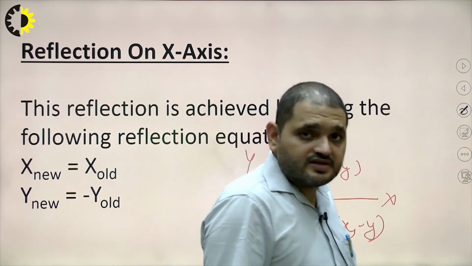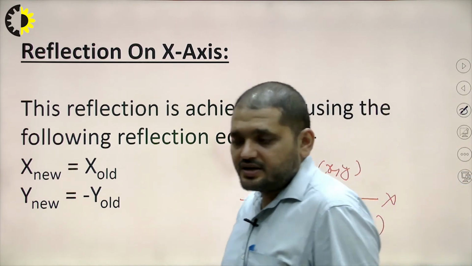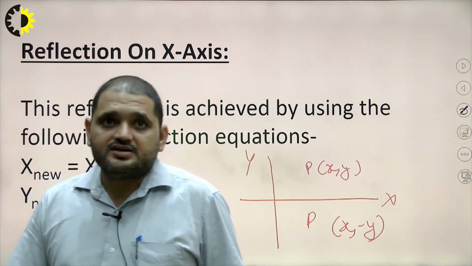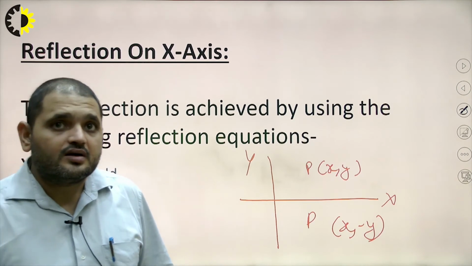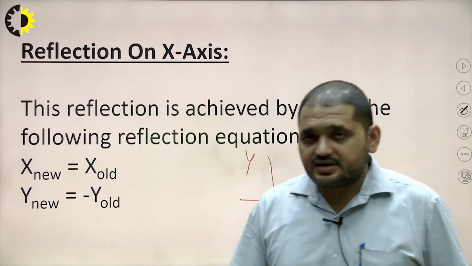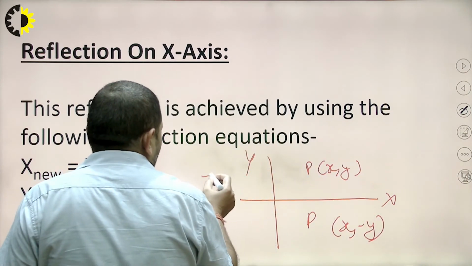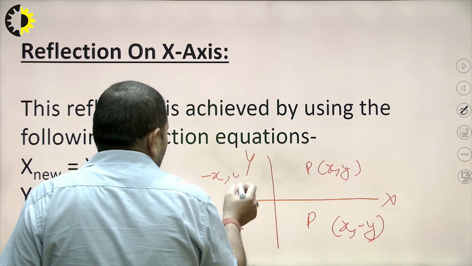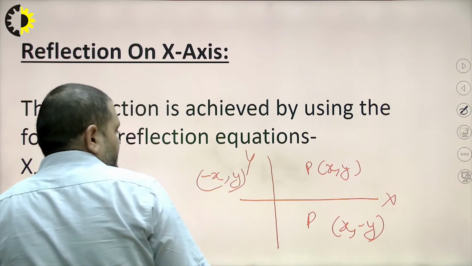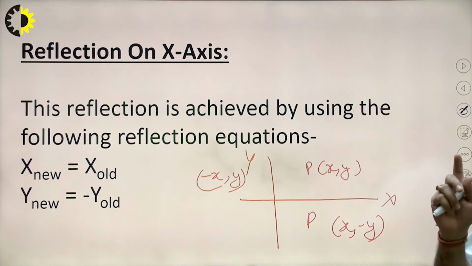This means x will remain the same and the sign of y will change when I am reflecting on the x-axis. Now if I am reflecting on the y-axis, then it will be (minus x, y). Here y will remain the same and the sign of x will change if I am reflecting on the y-axis.